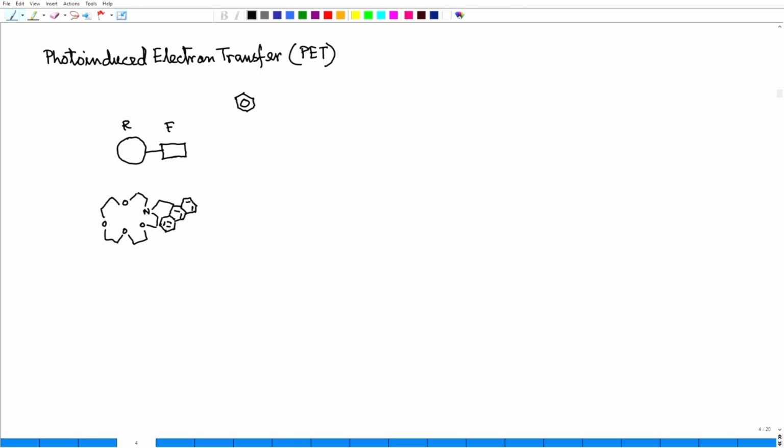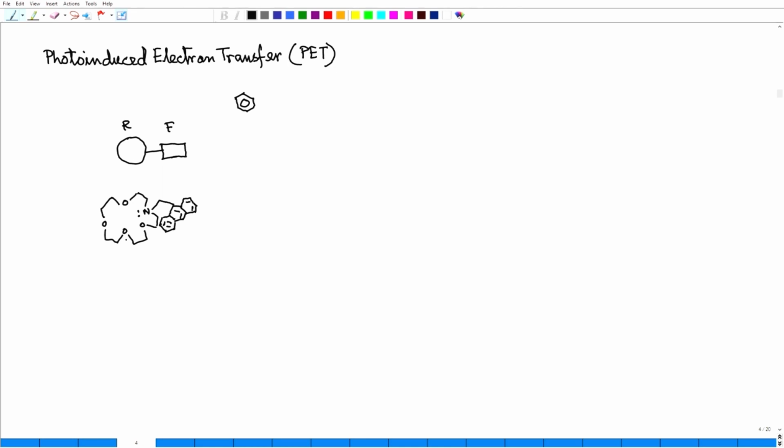So, what happens? This is a fluorophore and this is the receptor. The receptor has nitrogen, which has a lone pair. Remember, nitrogen will have a lone pair of electrons, and this can easily be reacted.